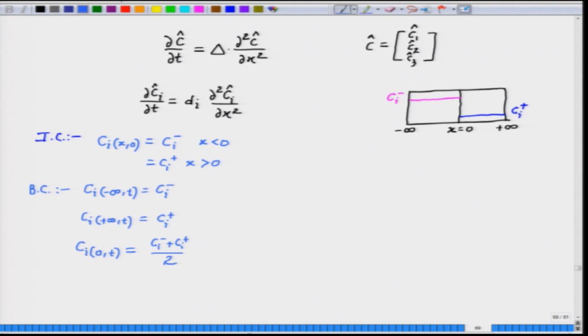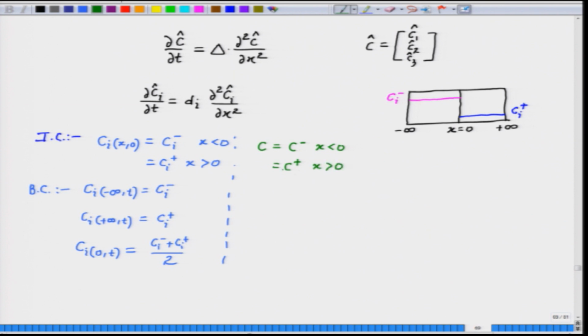Now, if we define this in terms of matrices, we can write C is equal to C minus, where C is the matrix of concentrations, and C minus is the matrix of 3 independent concentrations in the left terminal alloy, right. This is for x less than 0, and it should be equal to C plus for x greater than 0.